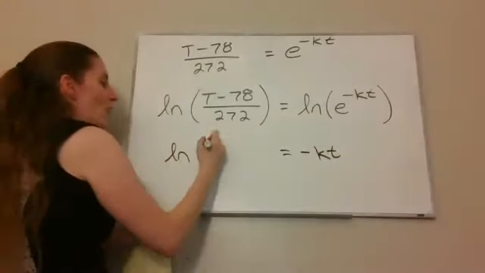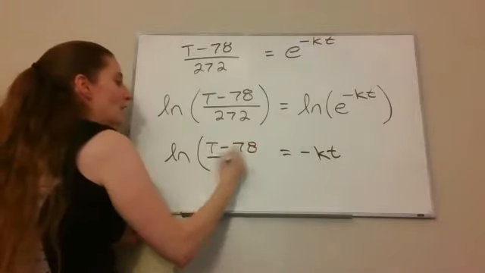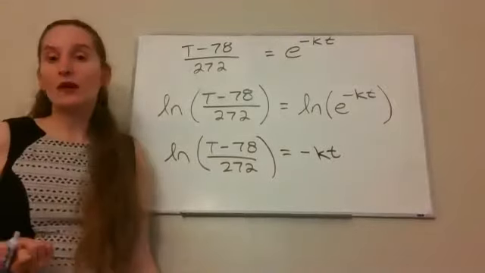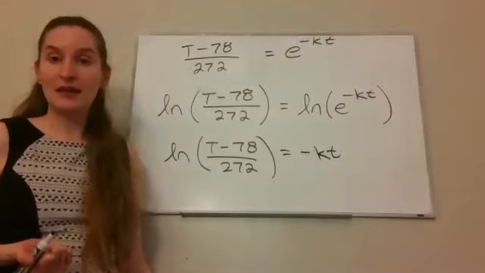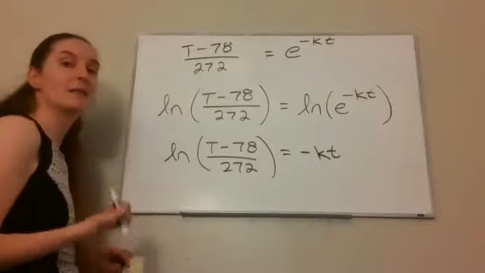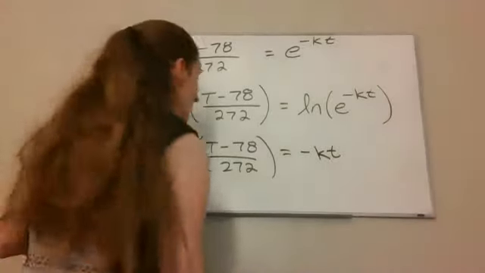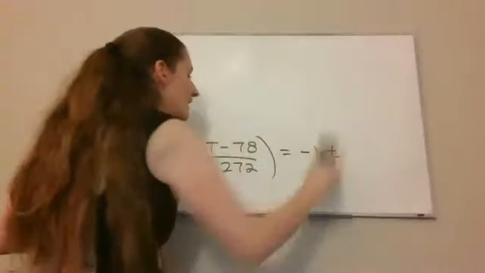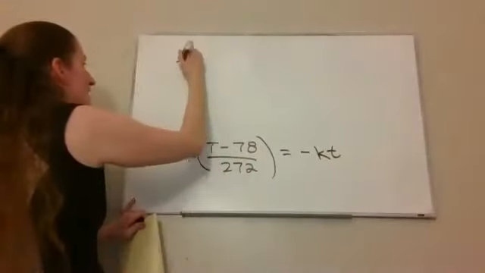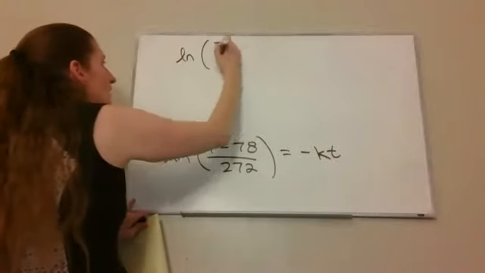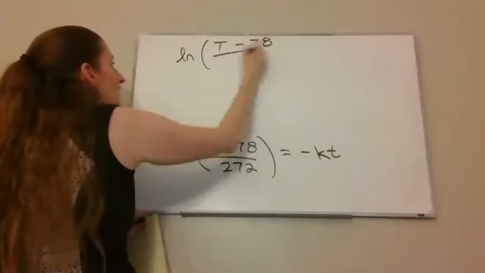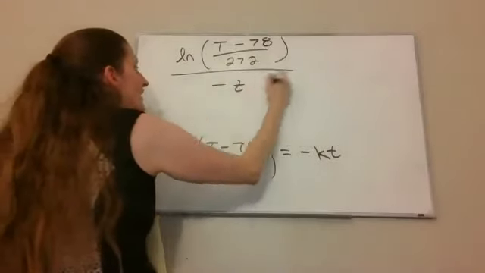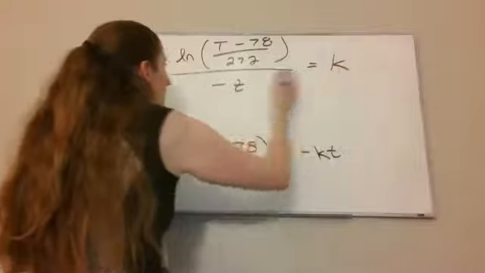And I still have all of this mess over on the left side. Well, now I have just one step left to get k completely by itself, and that's to divide by negative t. So if I divide both sides of my equation by negative t, I'm going to get the natural log of (T minus 78) over 272, divided by negative t, is equal to k.